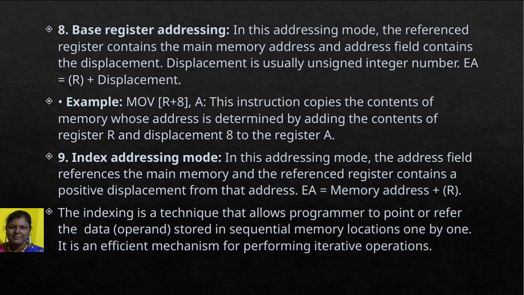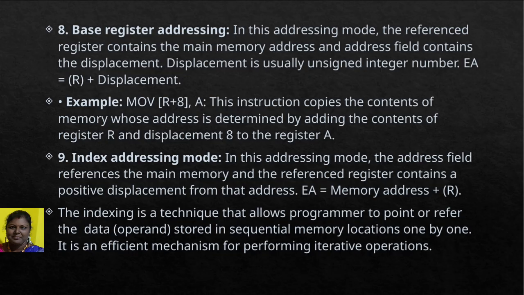Here, the address field points to a memory location, and the register provides an offset from that address. This lets us efficiently access data stored sequentially, which is great for looping through arrays or lists. Both methods help us navigate memory in flexible, powerful ways.